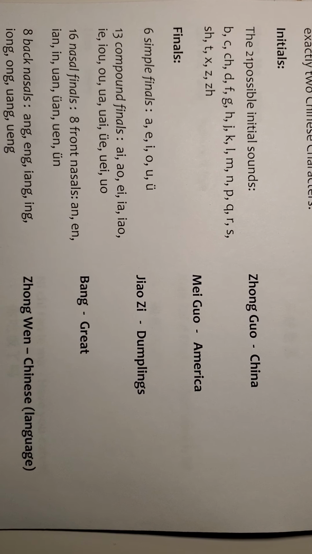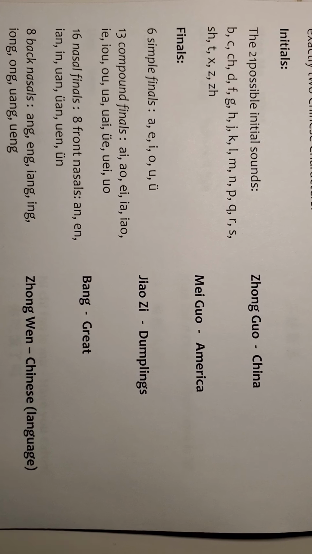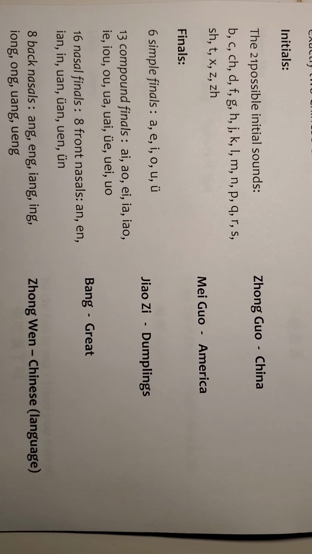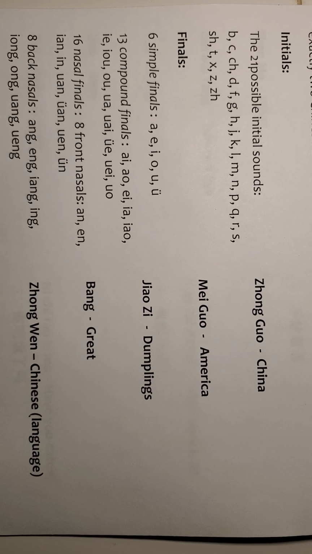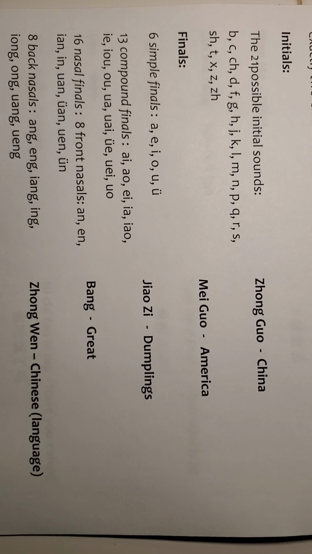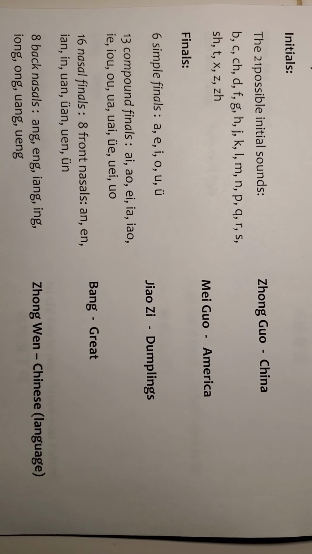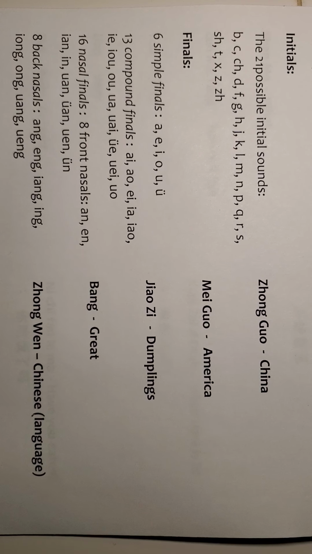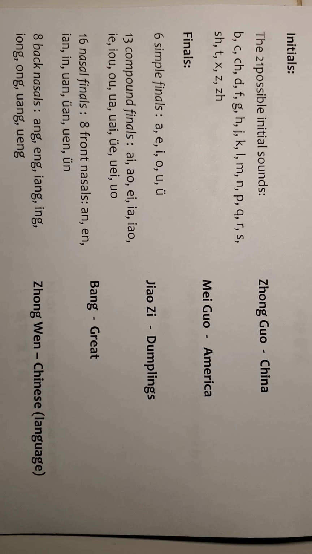Then o, like bo is bo, po is po. Then u, like lu, tu, shu, xu. And then you have ü, like in nü, sometimes I wrote V, but the ü in this one is vu.